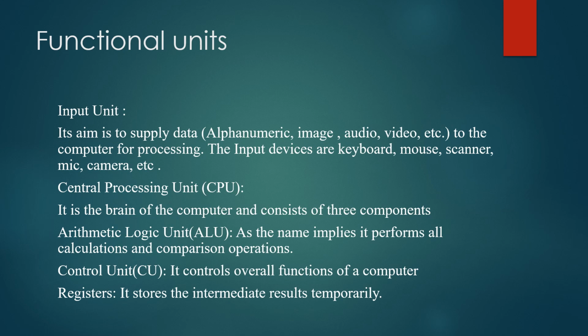Next is the central processing unit, or processor. It is an electronic circuitry within a computer, having three components: arithmetic logic unit, control unit, and registers. First, let's discuss the arithmetic logic unit. Most computer operations are executed in the arithmetic logic unit of the processor.